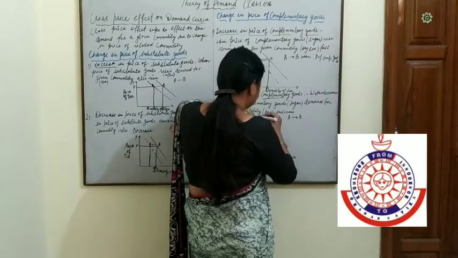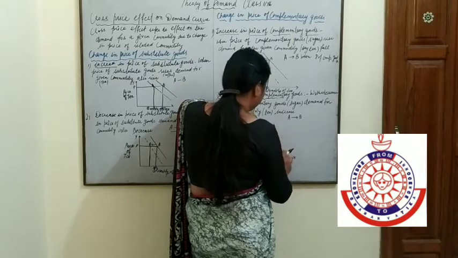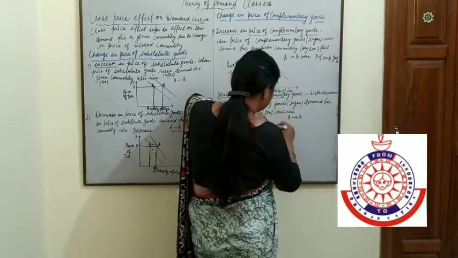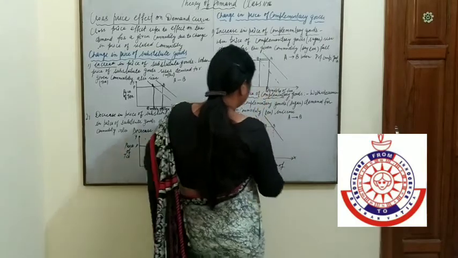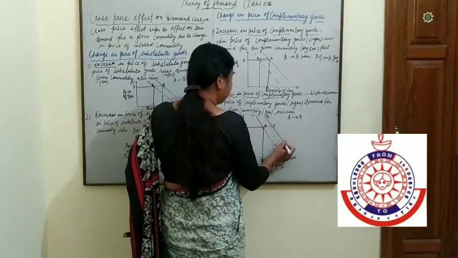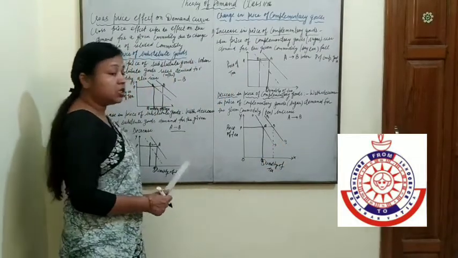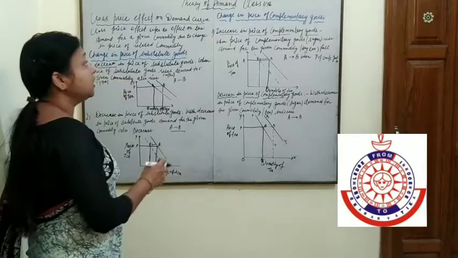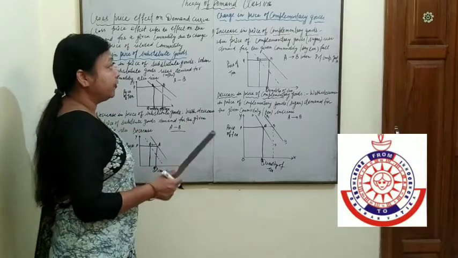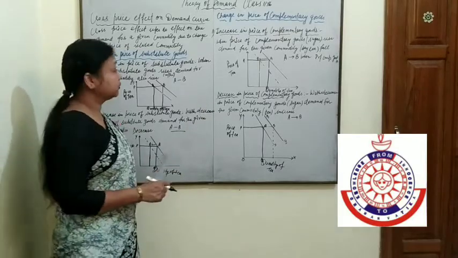The price of sugar affects the quantity of tea. This is our complementary good. So initially it is the DD curve, now it is the D1 curve. From point A to B, our demand for tea is increased. So a change in the price of substitute goods and complementary goods affects the quantity of the given good.